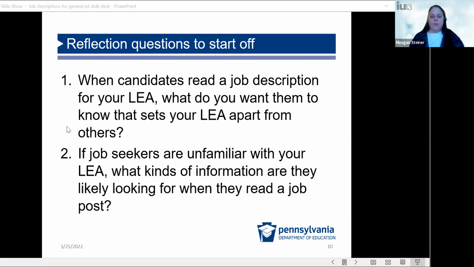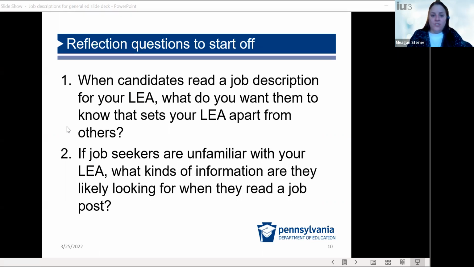So these are just a couple of reflection questions to think to yourself. They are not on the note-taking template. When teacher candidates read a job description for your LEA, what do you want them to know that sets your LEA apart from others?